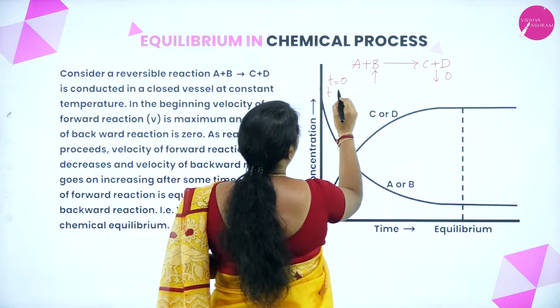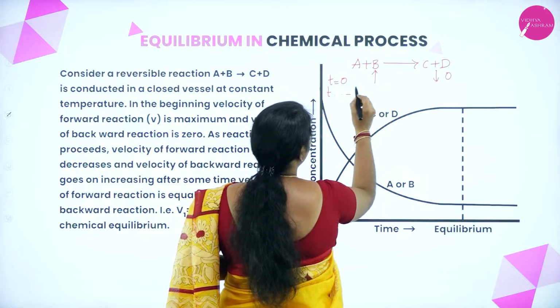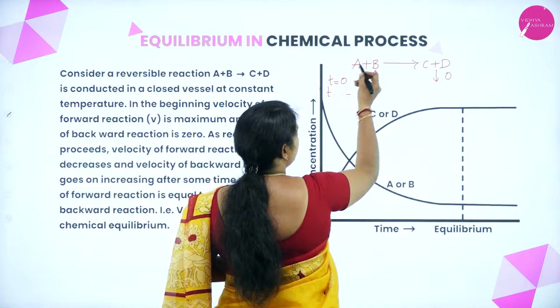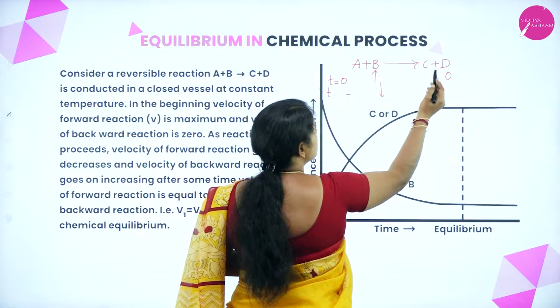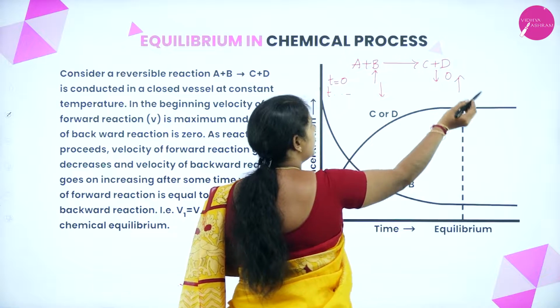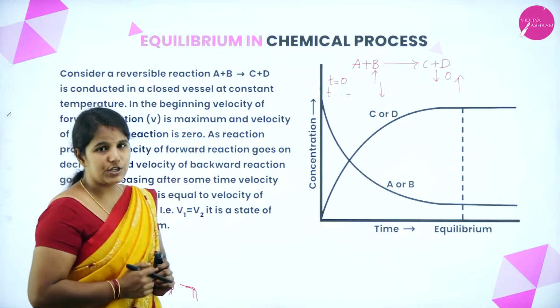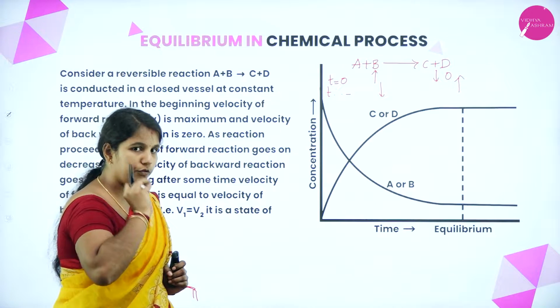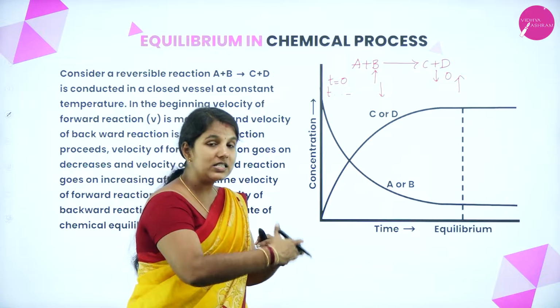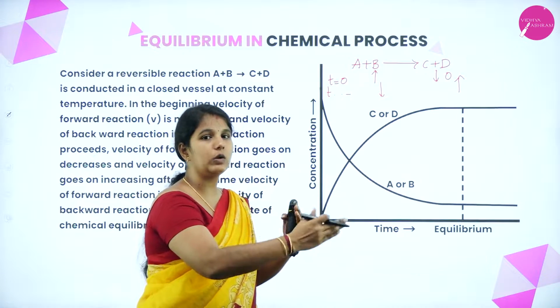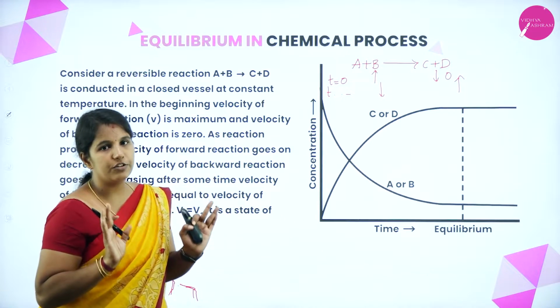After time passes to 10 minutes or 1 hour, the concentration of the reactant will decrease, but the concentration of the product will increase, and at a particular instant, the rate of consumption of the reactant will be equal to the rate of formation of the product.